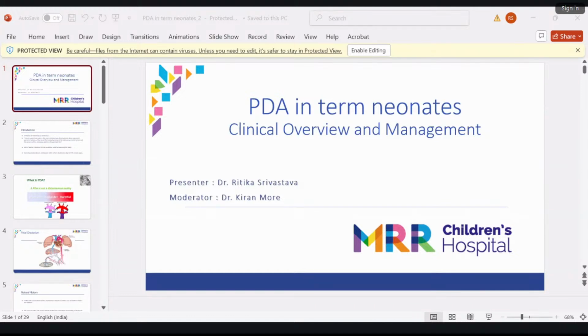Is it visible? Yes, but not full screen, but I think you can start. Now is it there?